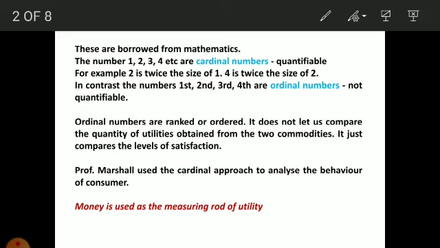The concept of cardinal utility is used on the assumption that the quantities of utility are meaningful. Cardinal utility allows us to compare the quantities of utility or satisfaction. So, Professor Marshall used the cardinal approach to analyze the behavior of the consumer. And here, Alfred Marshall used money as the measuring rod of utility.